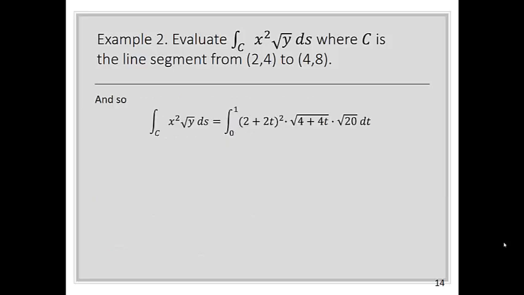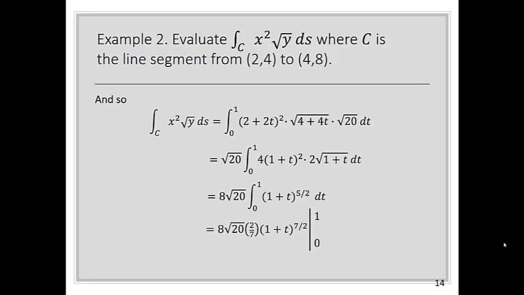So there we are. All right, I'm going to clean this up a little bit. So we're going to pull out the square root of 20 all the way to the front. I'm going to factor out a 2 squared to give me a 4 and a square root of 4 to give me a 2. And so I'll have 8 times the square root of 20 times the integral from 0 to 1. And when we combine the 1 plus t's, we'll have a (1 plus t) to the 5 halves.